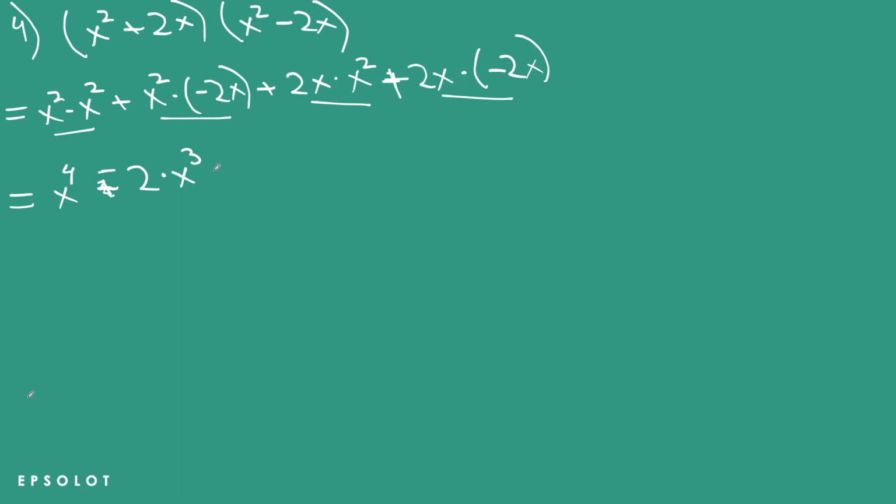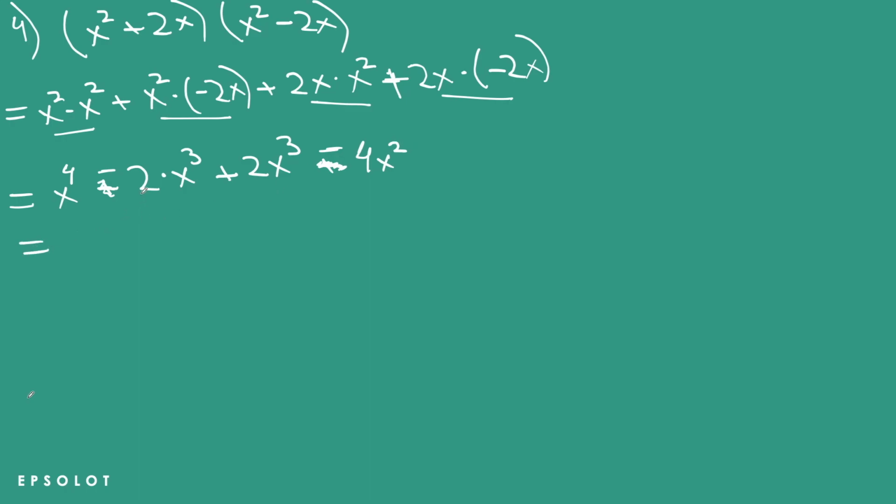In this case, we have exactly the same expressions, but it will be plus 2x cubed, plus, now you have a 2x being multiplied with a negative 2x, so my apologies, there will be a negative there, negative, and then 2 multiplied by 2, that's 4, and then x times x, that will be x squared.